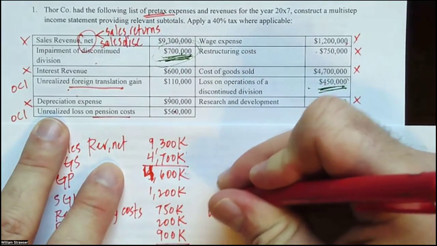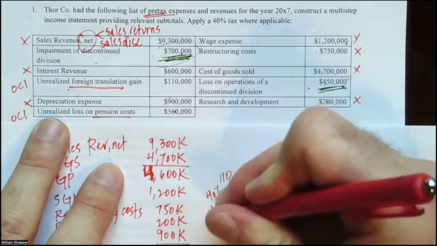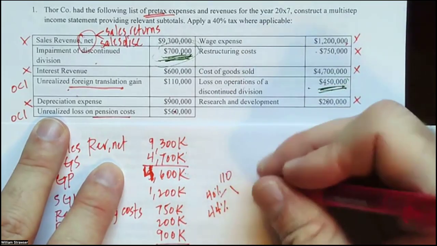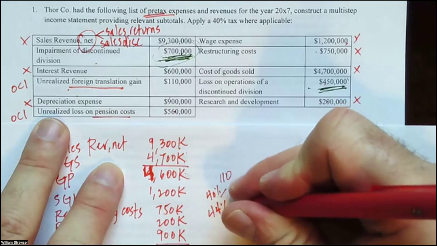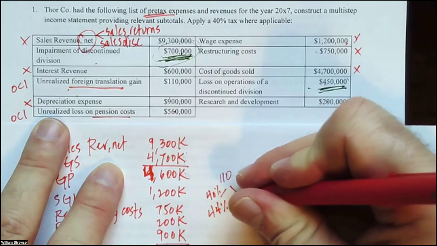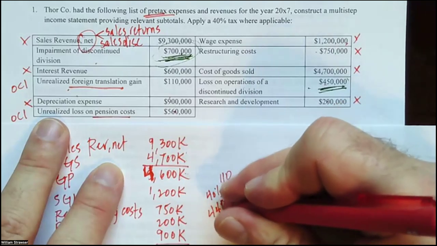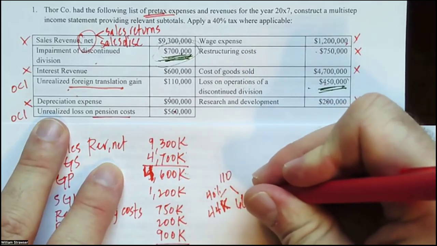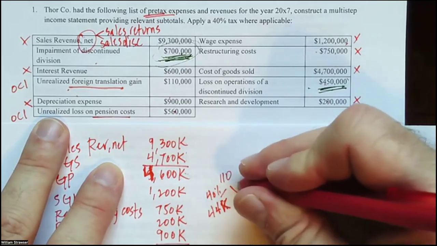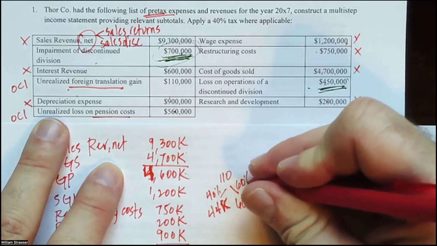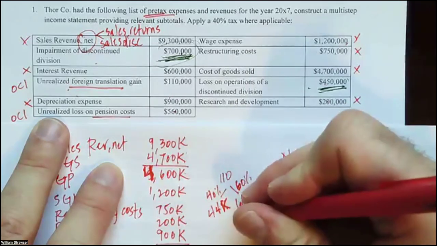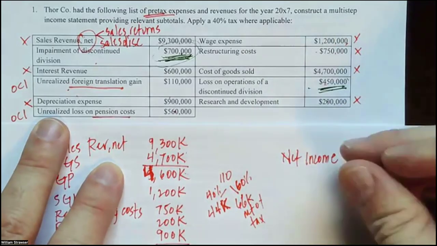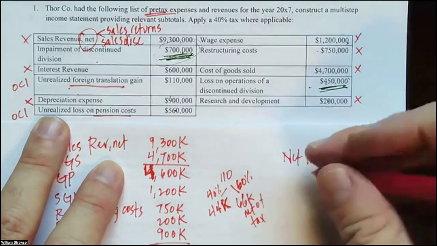So 40% of 110 is 44,000, and that makes the remainder 66,000. Sorry, writing in percent there. It's 44,000. The remainder would be 66,000 after I subtract 44 from 110, and that's the 60%. This is my net of tax amount that I want to transcribe over when I list this.